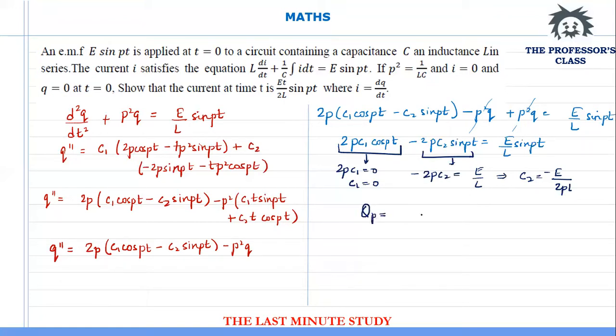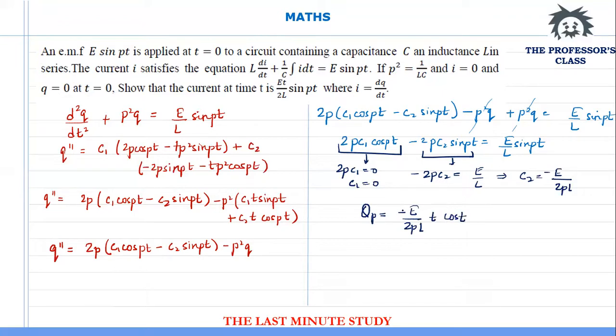So the qp turns out to be what I have assumed, c1 t sin t plus c2 t cos t. So the sin term is 0 because c1 is 0. Only the c2 component will be there. So I'll get minus e by 2pl, t cos t.